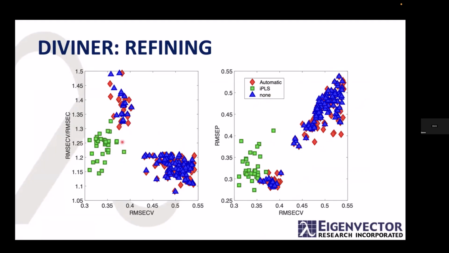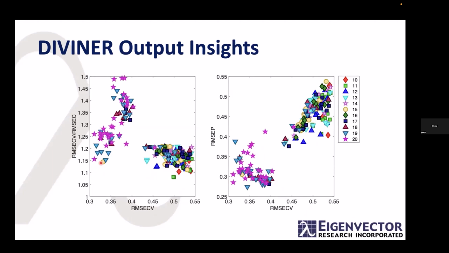This set of models is doing a little better. They're a little lower in cross-val and a little lower in overfit. So this is a good set of models. You can also look at how many latent variables are in these models? What seems to be about right in this data set here?